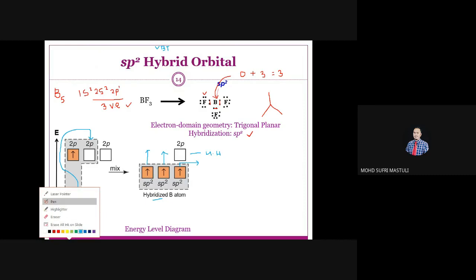So how do we draw it? This is an electron domain of 3, so the geometry should be trigonal planar.